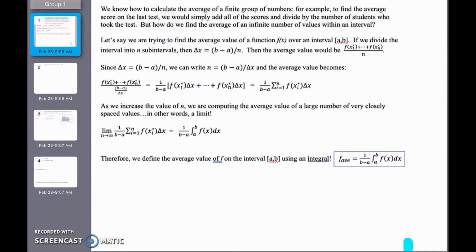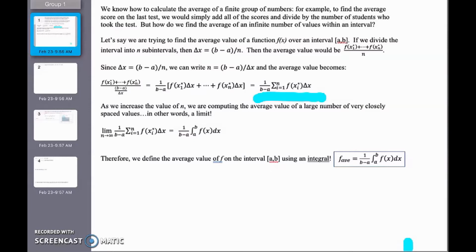If you flip that, you've got your 1 over b minus a, and then you take the delta x times each of your y values. Well, that becomes 1 over b minus a times the sum from i equals 1 to n of all of our y values times our delta x.